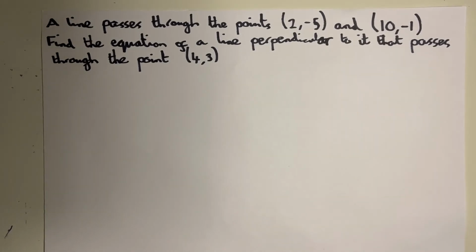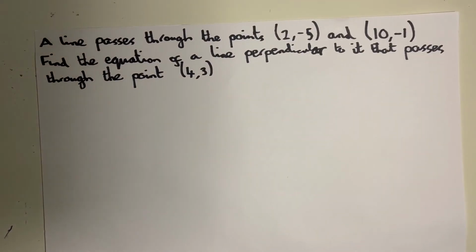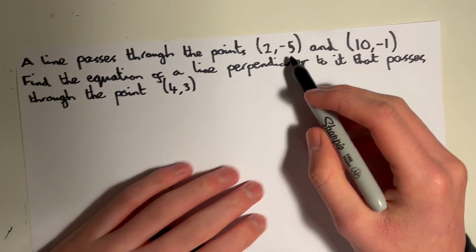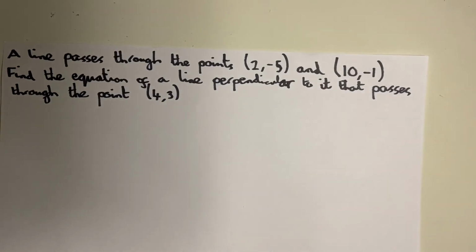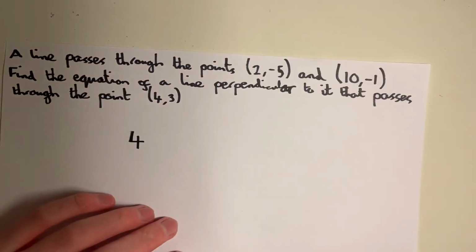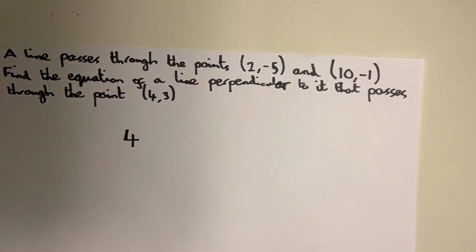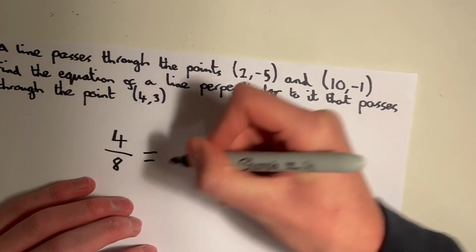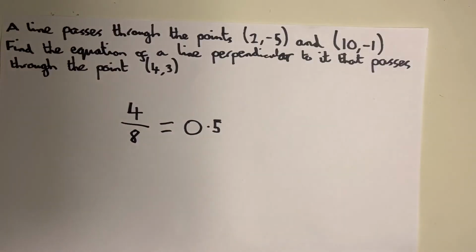Let's go. We'll work out the gradient, which is the change in y over change in x of the first line. So the change in y goes from minus 5 to minus 1, which is increasing by 4. And the x coordinates go from 2 to 10, which increases it by 8. So it's 4 over 8, which simplifies to 1 over 2, or 0.5.